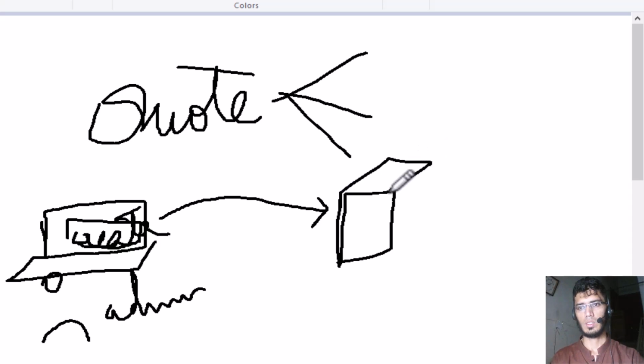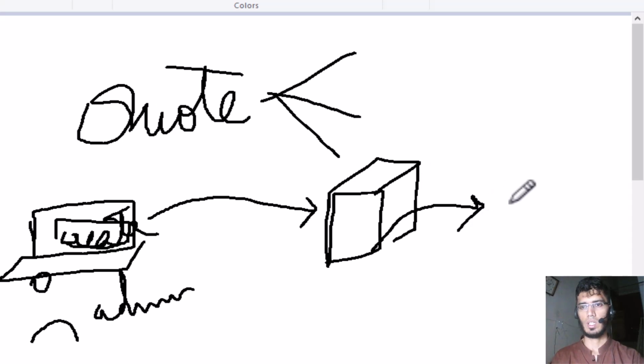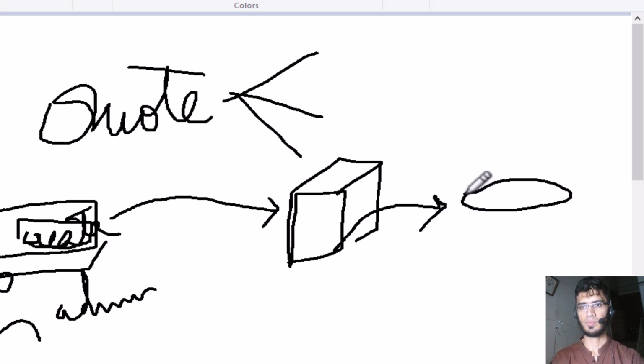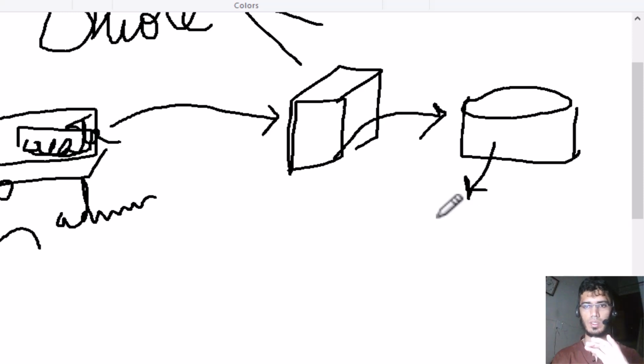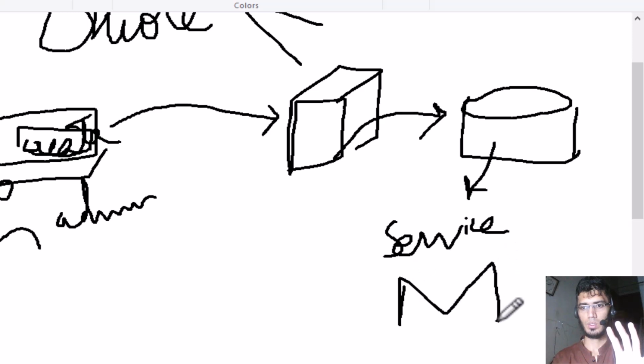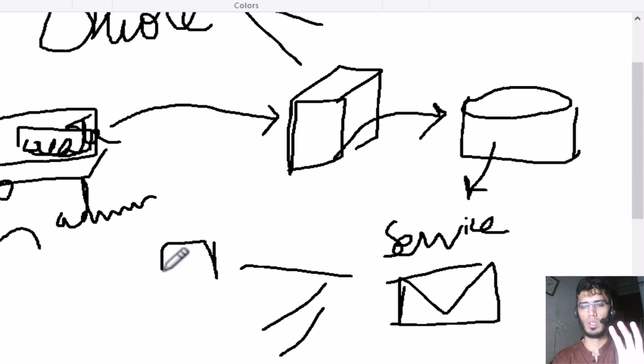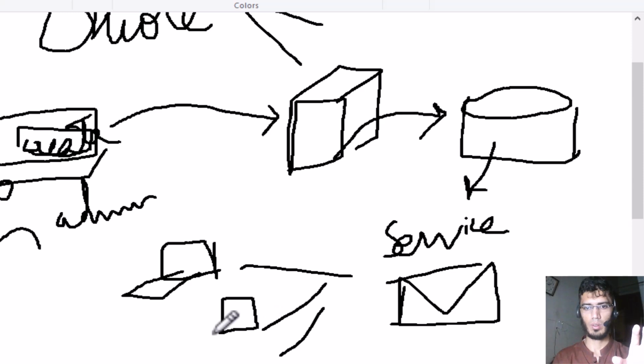It will be stored in the database, and when it is successfully created, after creation we will have a service that will broadcast this code to all subscribed users of this admin.